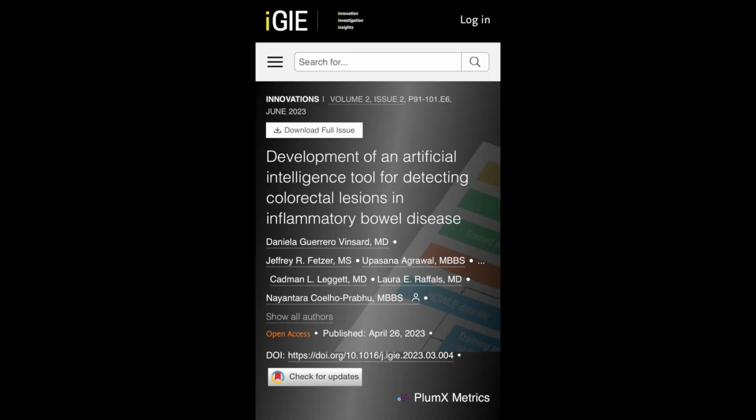The article is the development of an artificial intelligence tool for detecting colorectal dysplastic lesions in inflammatory bowel disease. We had a large team work with this, led by one of our gastroenterology fellows, Dr. Daniela Guerrero-Vinsard. And we had a number of physicians that helped with the annotation.